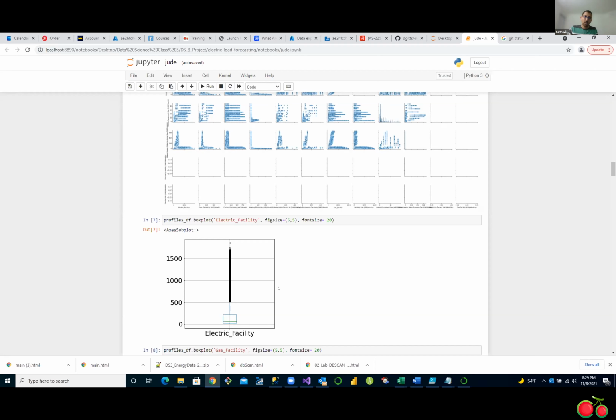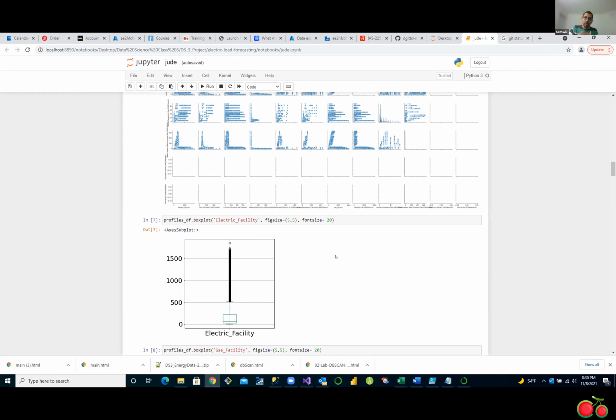So half of your electric underscore facility column has 280,000 different values in the data frame. Among all those 280,000 different values, 140,000 values make up this box. In the same way for gas facility, 280,000 different values are there.